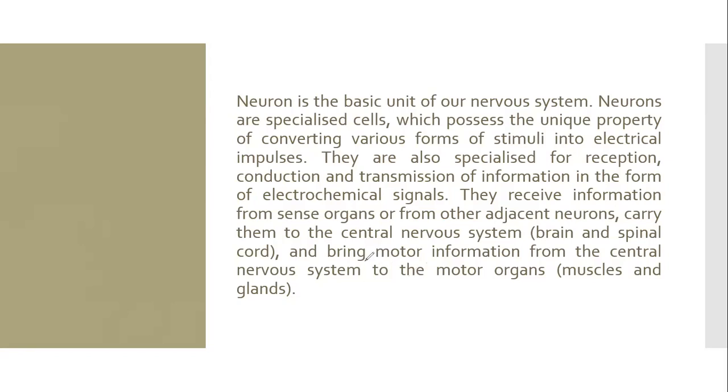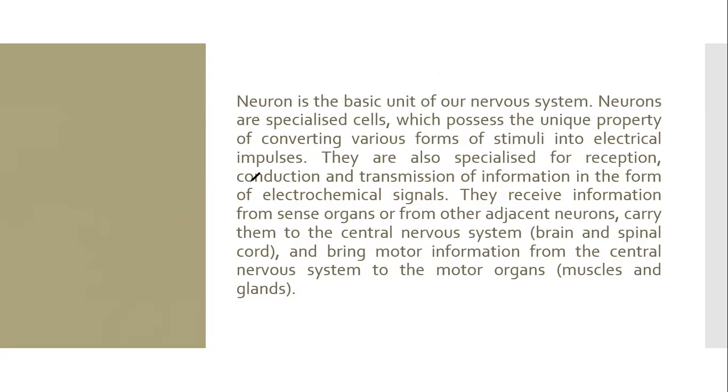Next to it brings motor information, which is movement oriented, from the central nervous system to the motor organs such as muscles and glands. Sensory organs are the receivers. Motor organs are the reactors.